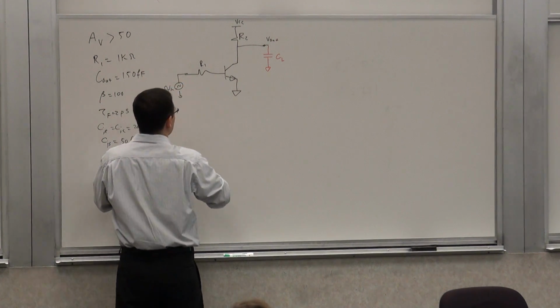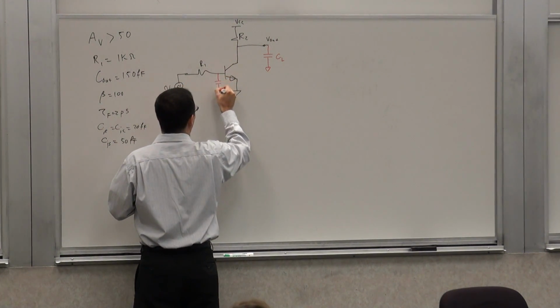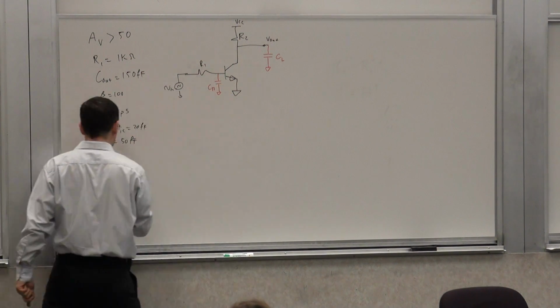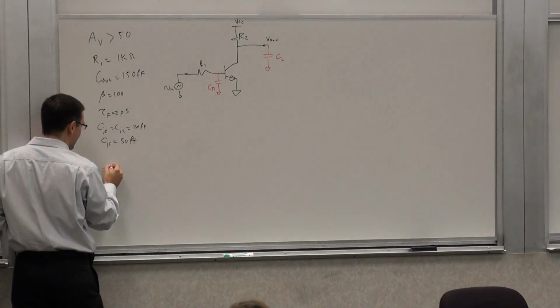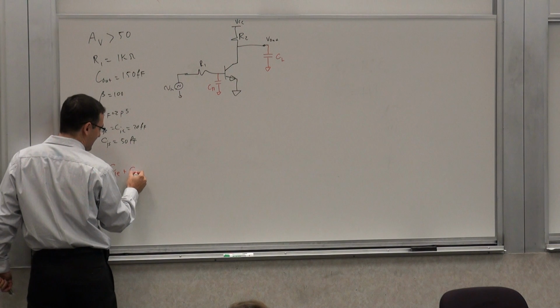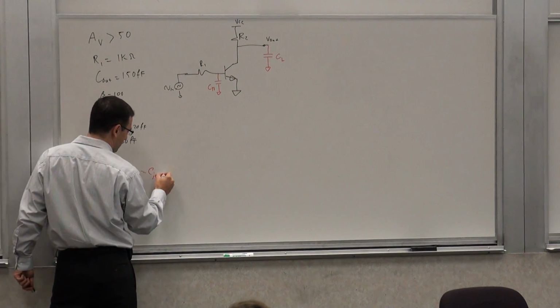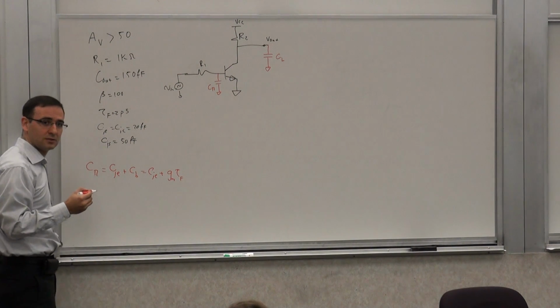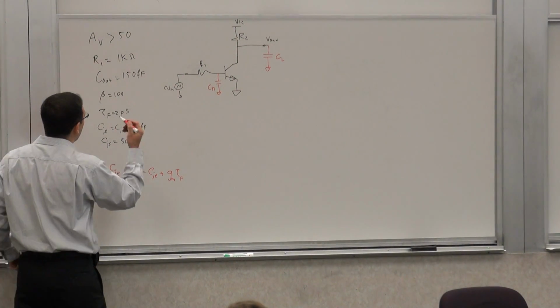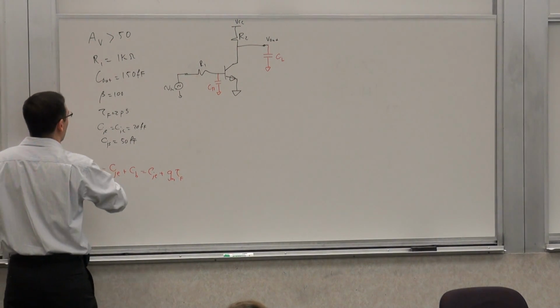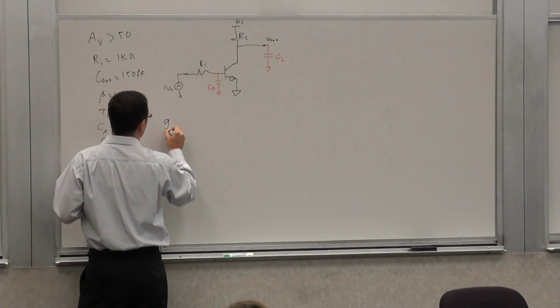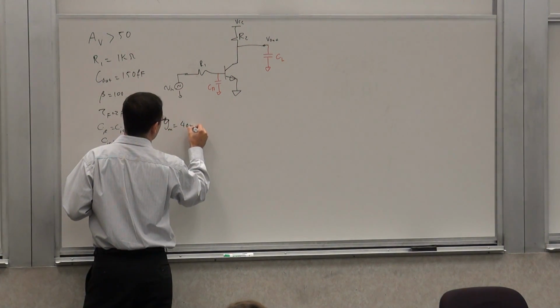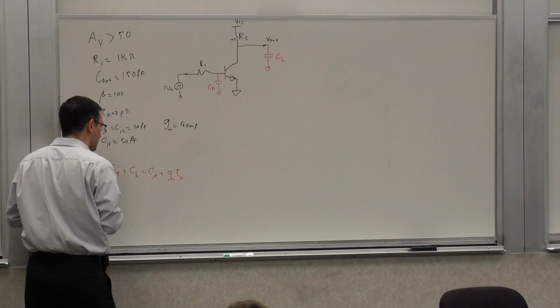I have a capacitor C pi here, which consists of two parts. C pi is CJE plus Cb, which is CJE plus gm tau F. We've done this before. So let's assume a gm of 40 millisiemens, at 1 milliamp current.